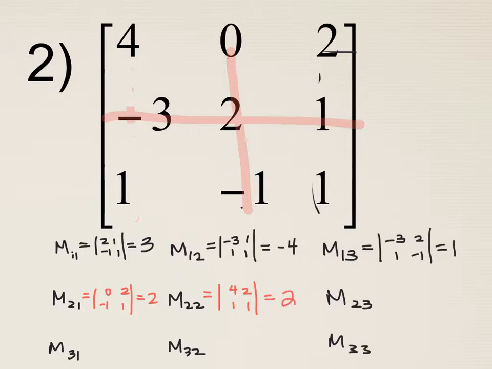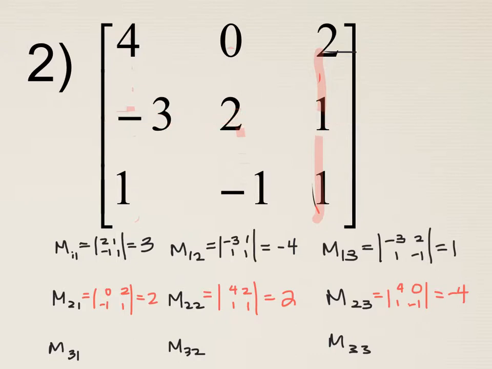And then the last one is in that row, row 2, column 3, which leaves you with 4, 0, 1, negative 1. So negative 4 minus 0, which is negative 4.